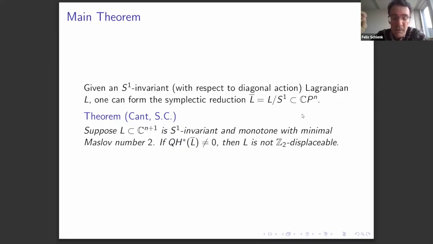And then you write e to the i alpha gamma of t, comma e to the minus i alpha gamma of t. You sweep it by an antidiagonal S1 action. So this is the Eliashberg-Polterovich construction of the Chekhanov torus in C2. And in this version, it is antipodally invariant. Sounds like a very good question. To be researched, I suppose.